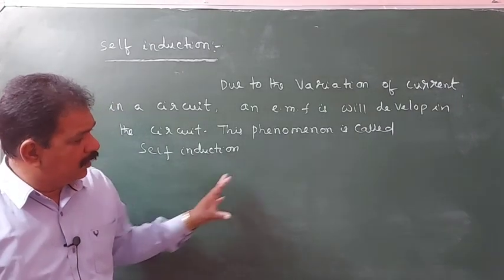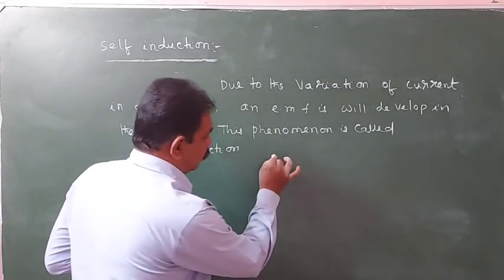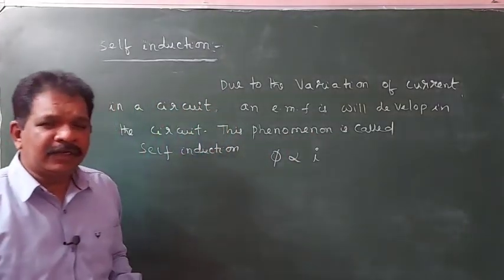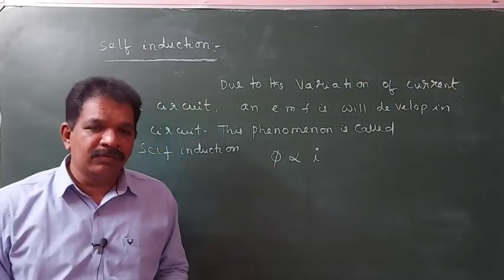If you take any coil or any solenoid, the flux linked with that coil is directly proportional to the current flowing through the coil.